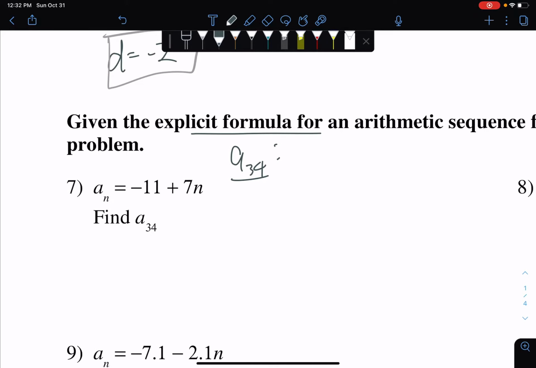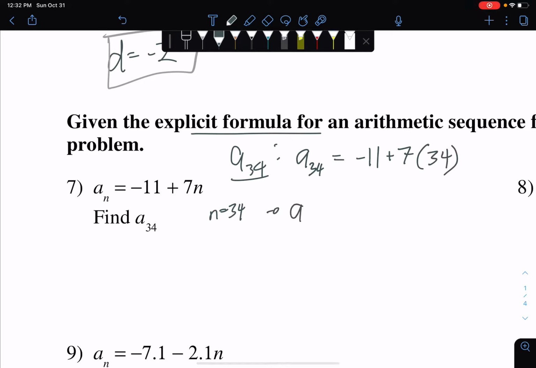So we know that n is 34 because a sub n is a sub 34. So a sub 34 is equal to negative 11 plus 7 times 34, basing our own equation on the general explicit formula. So let's proceed. We'll just simplify the right part of the equation.